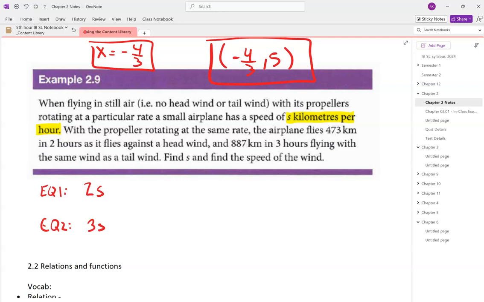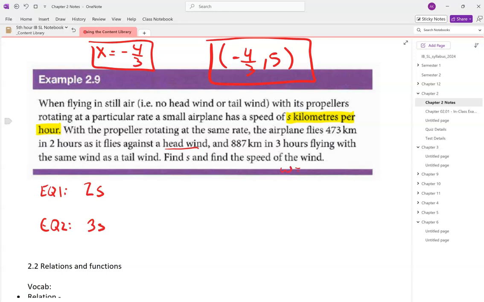Everybody's okay? Okay. And then we're flying against a headwind, right? We have some wind speed.